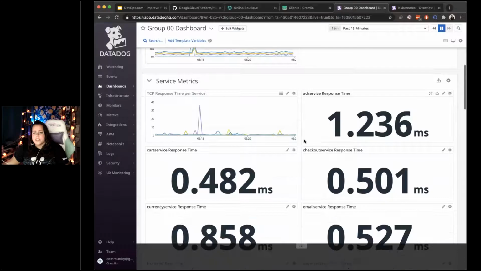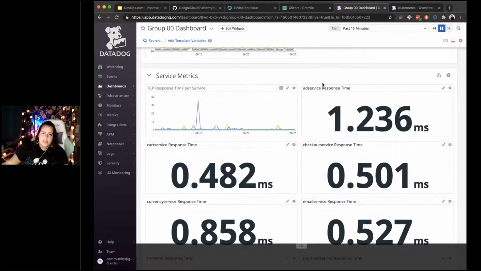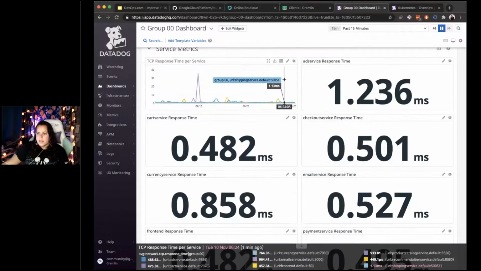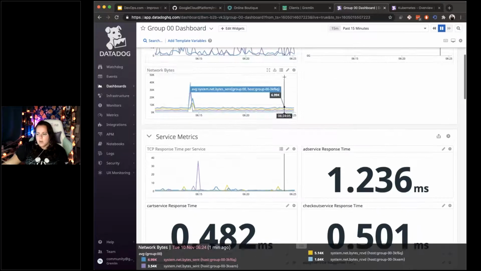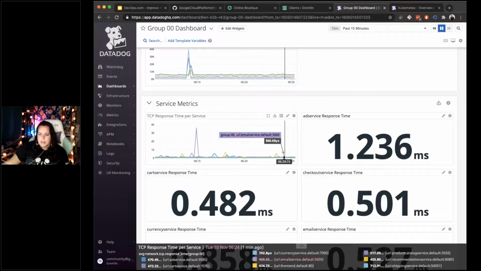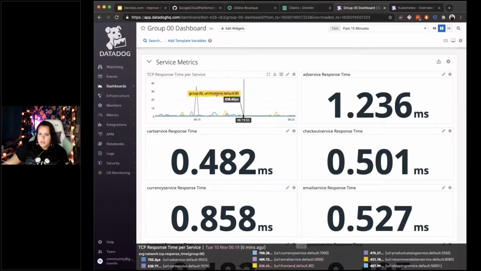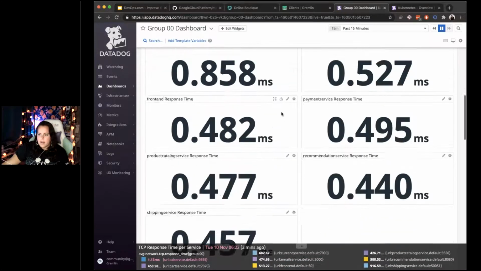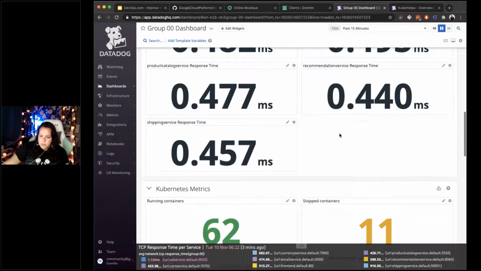We can come down to the service metrics, and we can see that we have some response times coming in for every single microservice that we talked about earlier. We see that right now everything is almost under 1 millisecond of latency. So you get to have the graph view, and then you have some of the more visual.